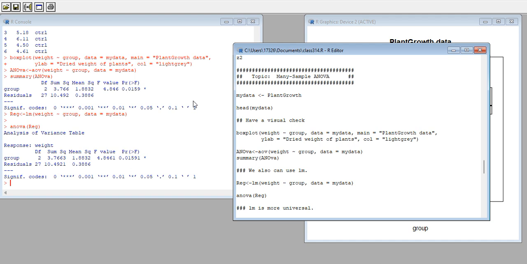We still can use AOV, but we just use LM. LM can do many things, but AOV is the foundation. We will check later what the difference is, and how we can convert ANOVA to regression.